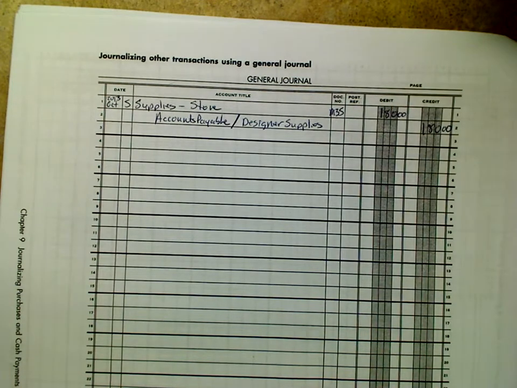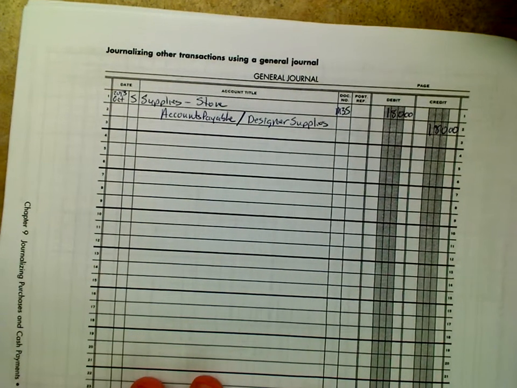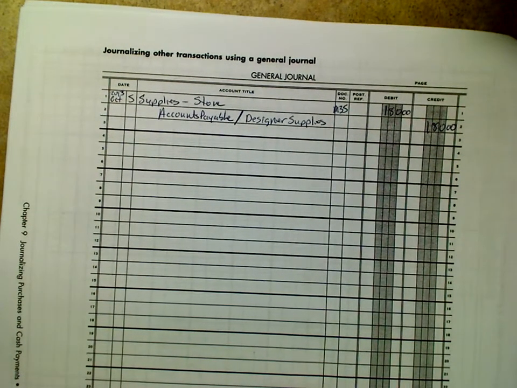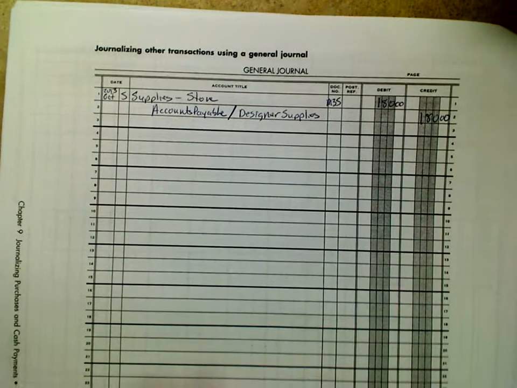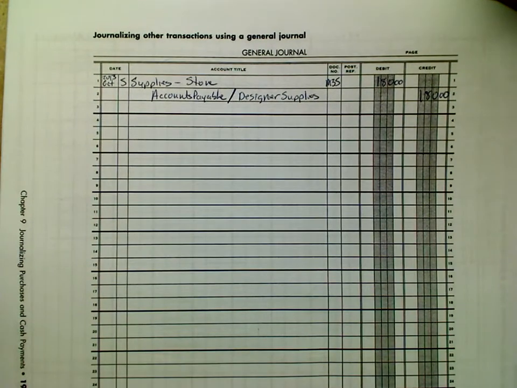I'm going to tell you there's an easy trick if you get confused on what journal to use. Anytime your document or source number is a P, what journal is it going to go in? Purchases. If it's a C, what's that tell you?